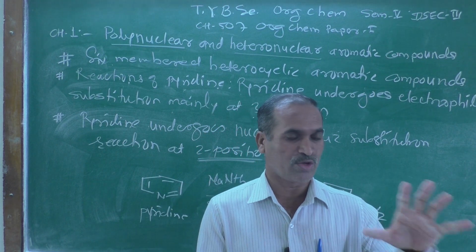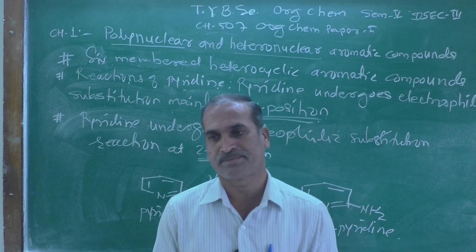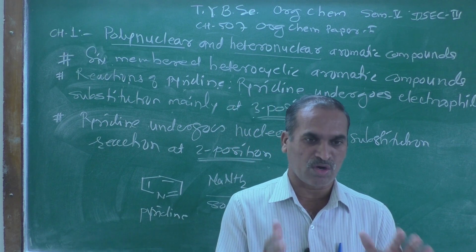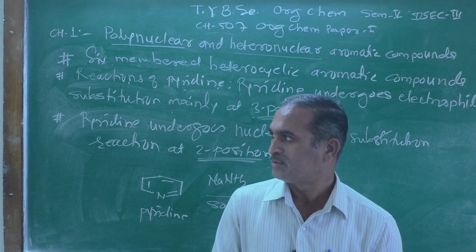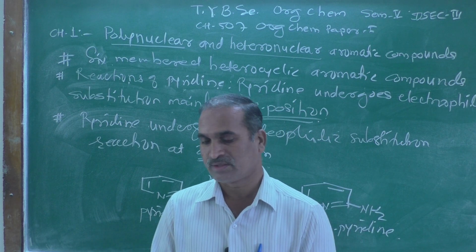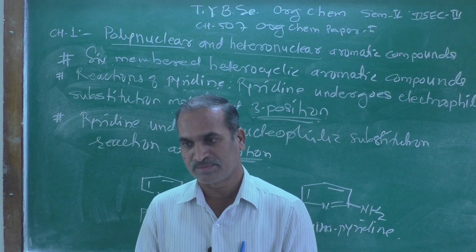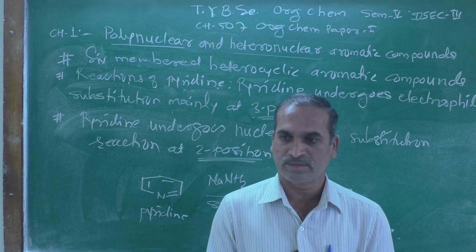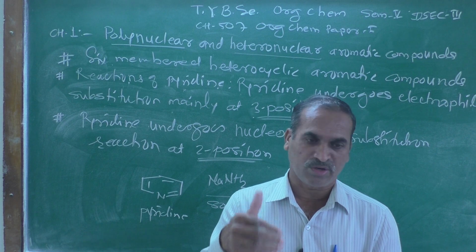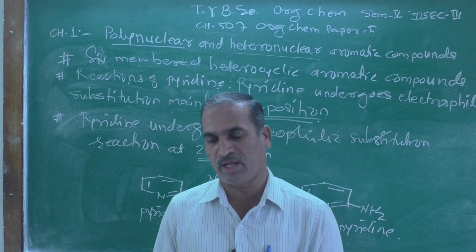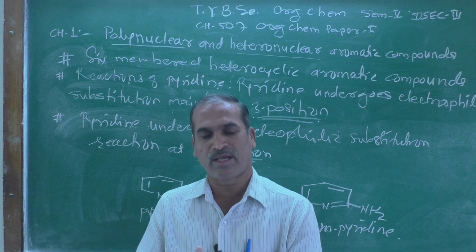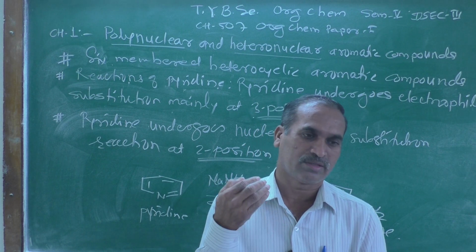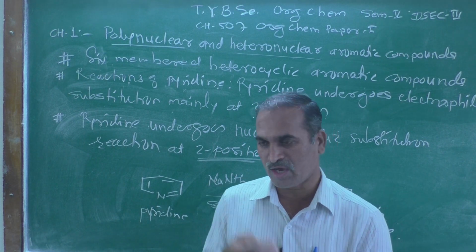There are 5-membered rings and 6-membered rings. Mainly we covered what the properties of heterocyclic compounds are, the methods for the preparation of the 5-membered rings, and the common reactions shown by furan, pyrrole and thiophene.